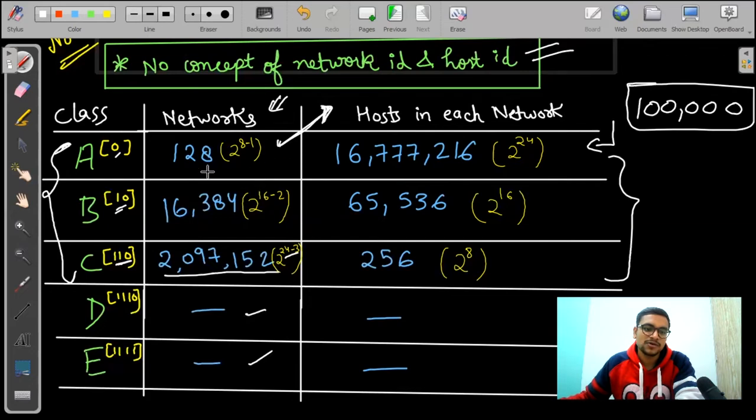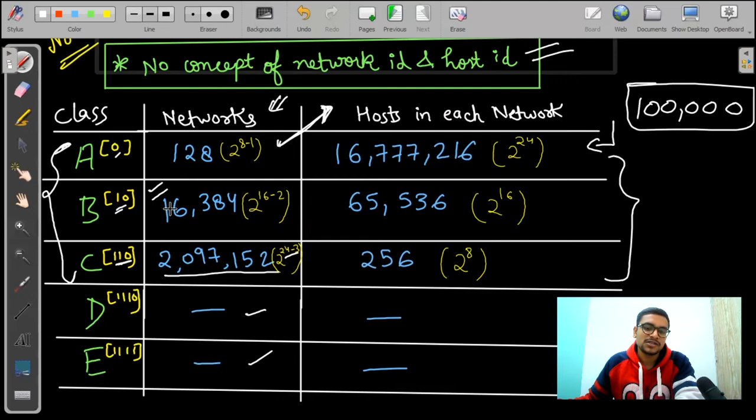Similarly, let's suppose in general I want just 250 networks. For 250 networks, we have to go with class B or class C, because only class B and class C provide us the privilege of having that many networks.